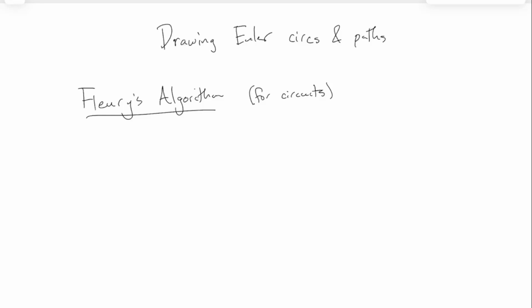And the way to do this for circuits is you can start at any vertex, and you make a path using any edges you like. So there's a lot of freedom when you do this, and in a typical problem, your answer is going to look completely different from everybody else's answer because of the choices you make along the way.